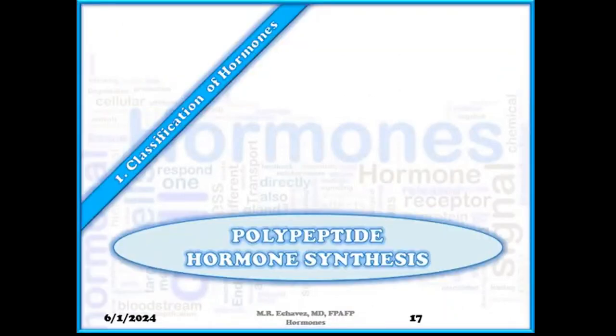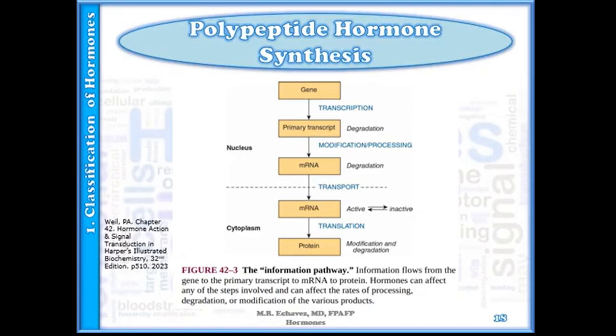Now let's proceed to your polypeptide hormone synthesis. This picture is in chapter 42 of Harper's. It gives us an idea of the information pathway. If you look at this picture, you would see that for polypeptide hormones, everything begins from your gene. From the gene, transcription will occur, eventually leading to the formation of your mRNA.